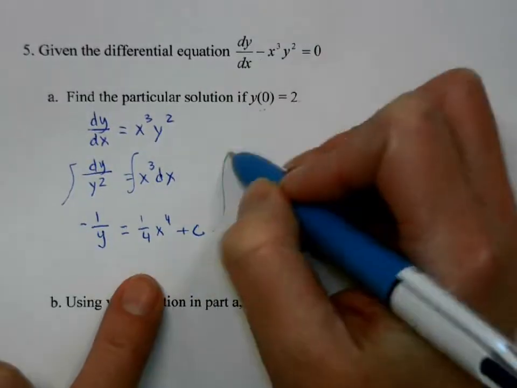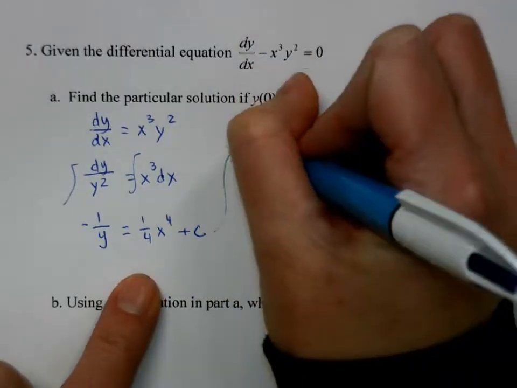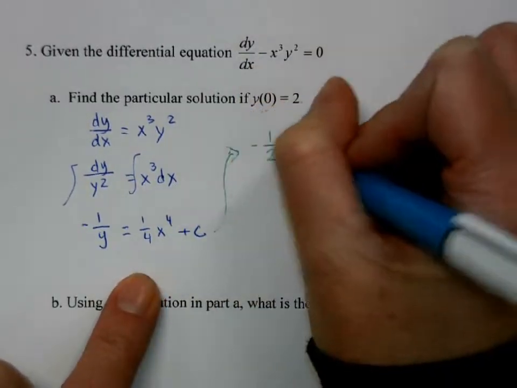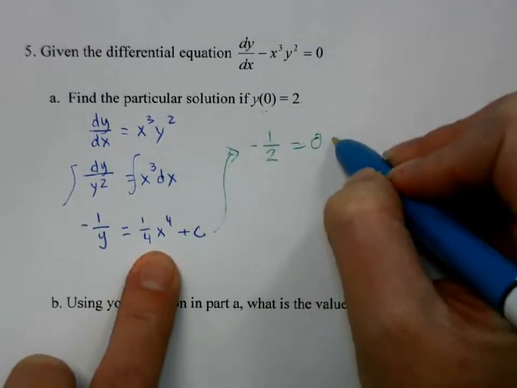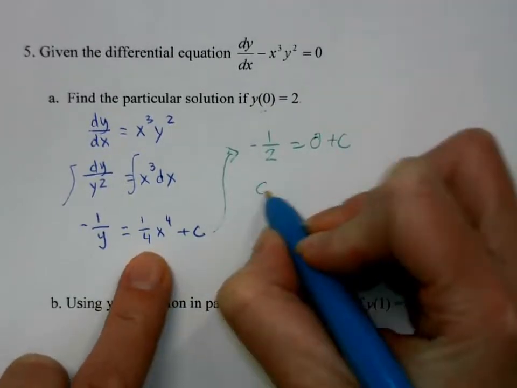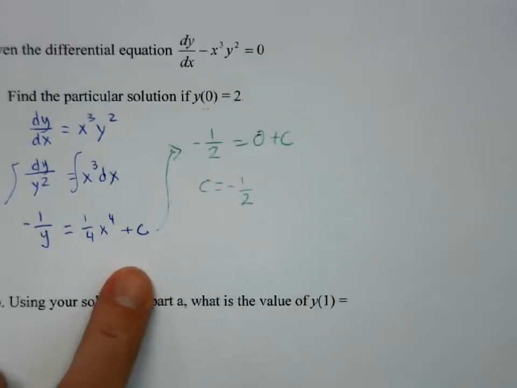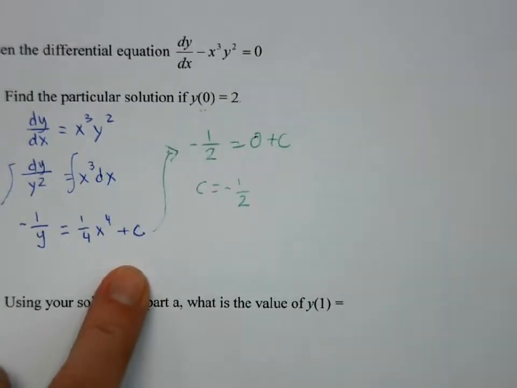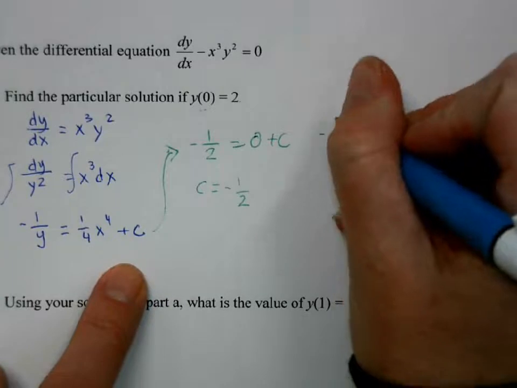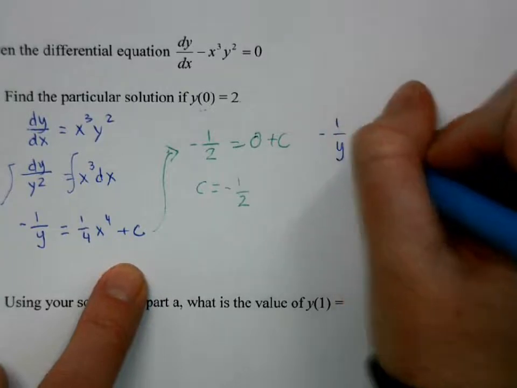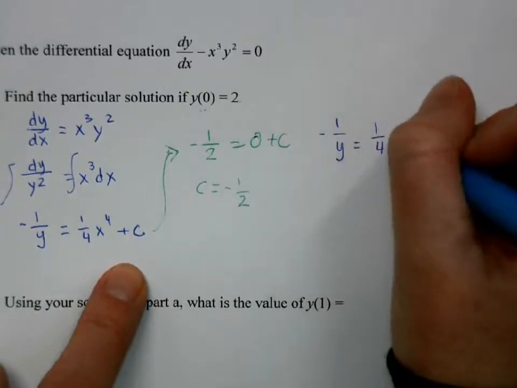So negative 1 over 2 is going to equal, this whole piece is going to be 0 plus c. So my c at this point is negative 1/2. So then I'll continue solving with that. So negative 1 over y equals 1/4 x to the 4th minus 1/2.